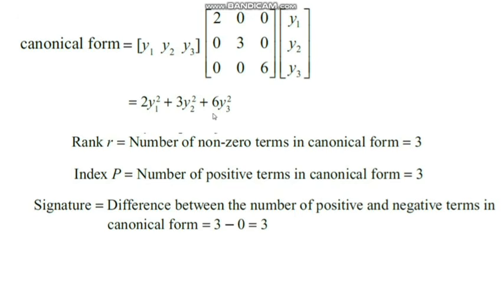The number of positive terms is 3 and negative terms is 0, so 3 minus 0 equals 3. Finally, rank equals index, which equals the number of unknowns, so it is positive definite.